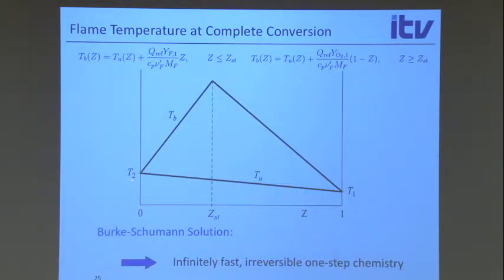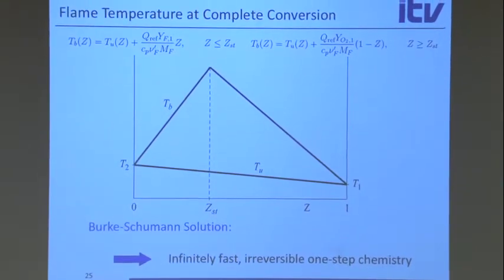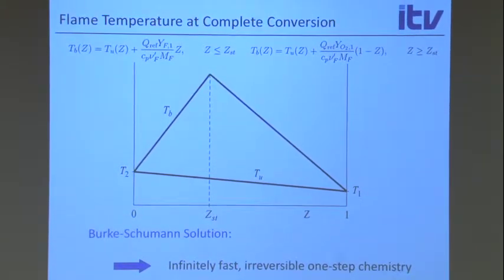And then I can plot this also as a function of mixture fraction. And you see temperature as a function of mixture fraction is very similar to CO2 as a function of mixture fraction. And this maximum value here, that would be the 2,222 we just had.